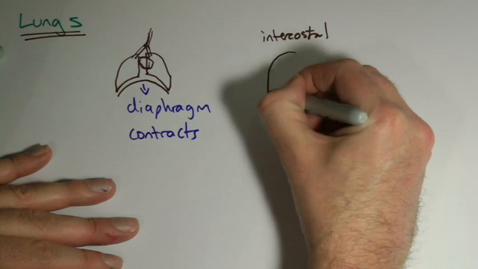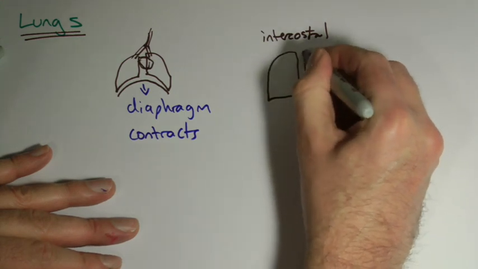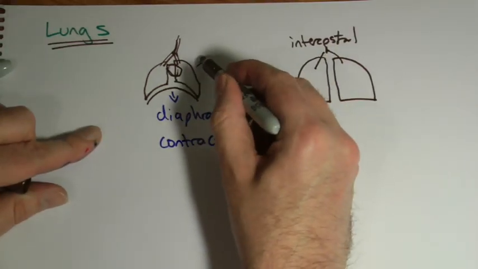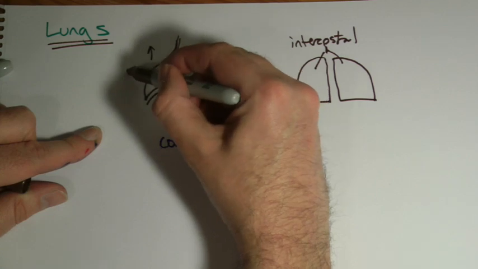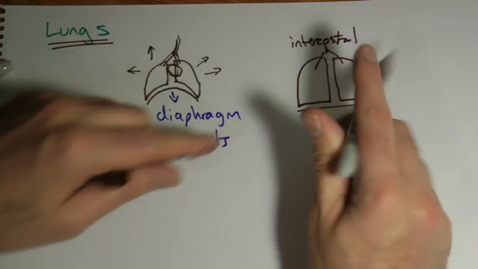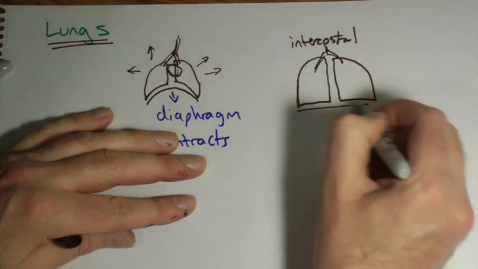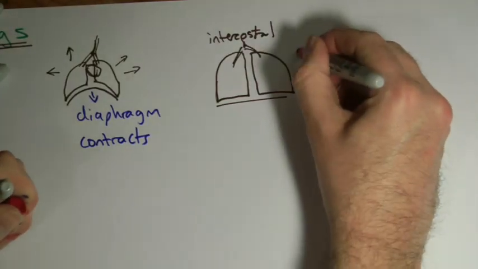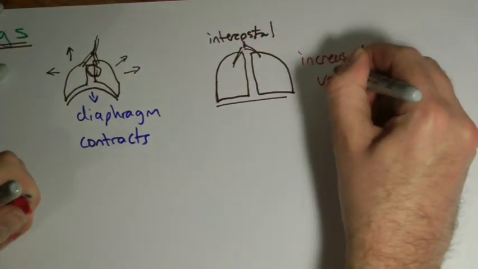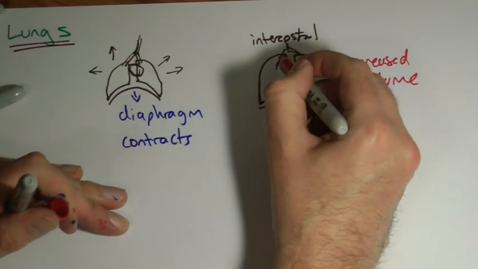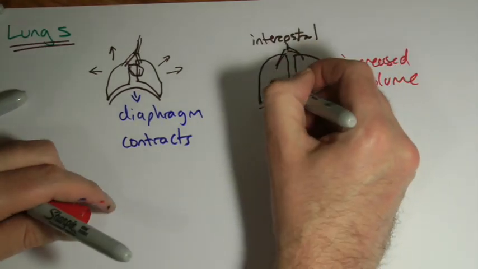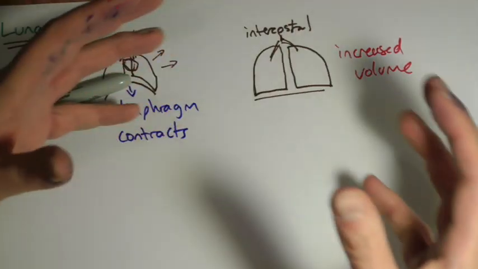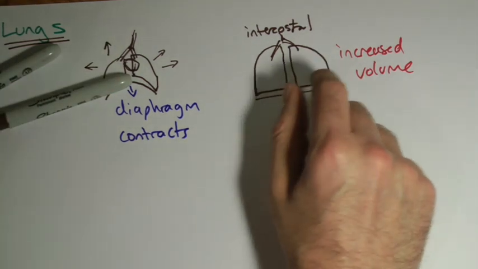Anyway, the upshot is, if I draw this now, and I'm going to exaggerate it a little bit, because the ribs have moved upwards and outwards, and the diaphragm has moved down, I've made my lungs larger. Really, what I've done is I've increased their volume. Now, if I increase the volume in here, and there's air in here, in all the alveoli and things, if you increase the volume of something, you decrease the pressure.